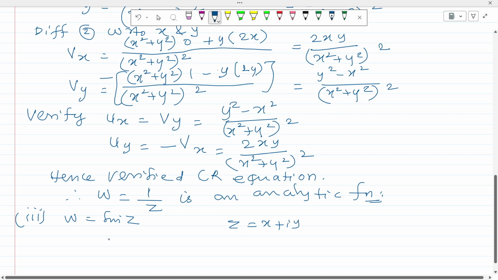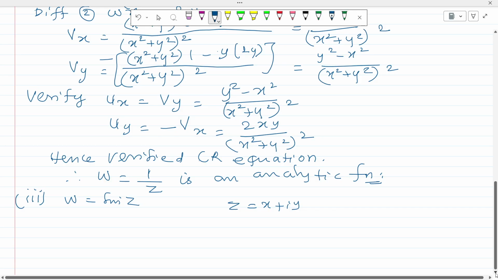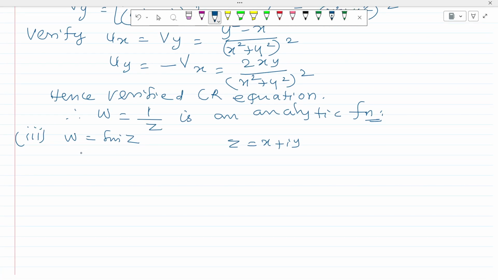So z equal to x plus iy. Substituting x plus iy, already we have done that same problem yesterday. What is u, what is v for this? u equal to sin x cos hy, v equal to cos x sin hy.